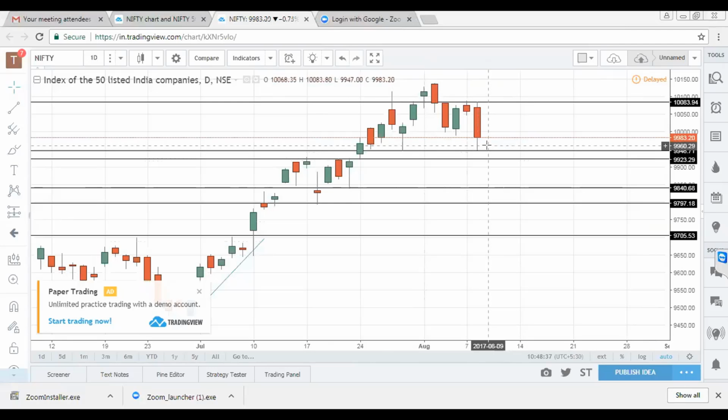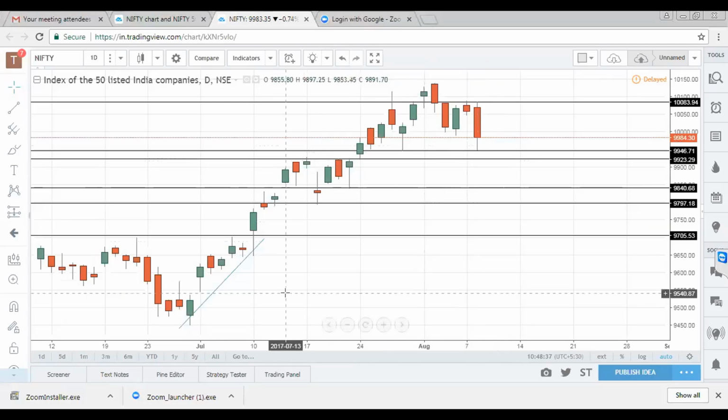So a similar configuration or setup you need to do for every stock. What I would suggest you today is to pick up your 10 stocks, and they should be large cap stocks, and form these kinds of support resistance and mail it out to me.